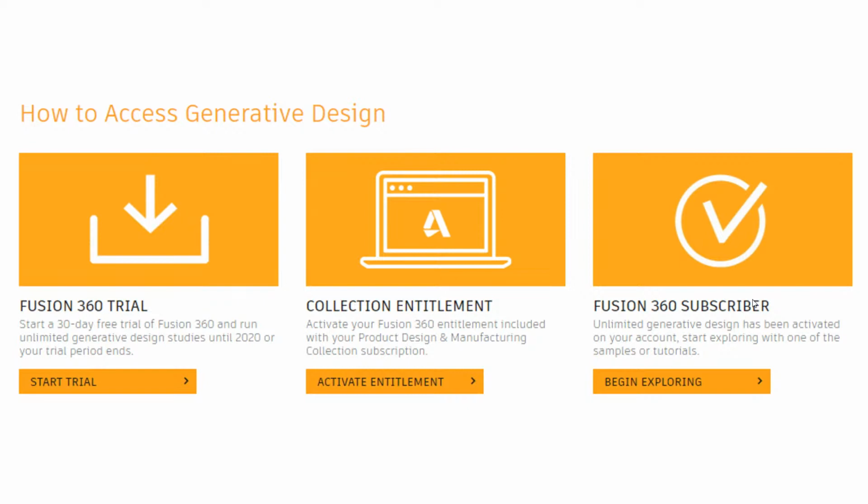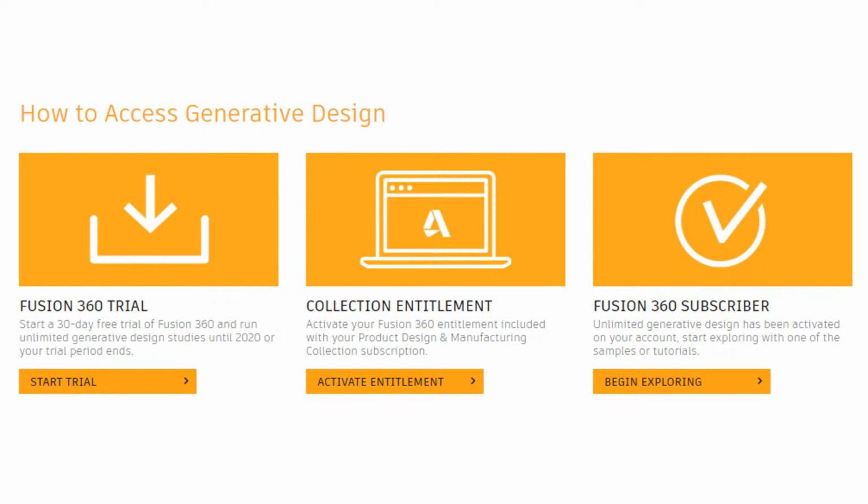Once again, the ways to get access, and we'll talk a little bit about this in the end as well. You can get access to unlimited generative technology today through a Fusion 360 trial. If you're not currently entitled to Fusion, or if you don't have a trial, you can sign up for a 30-day free trial, and you can run, again, as many generative studies as you want until the end of the year.